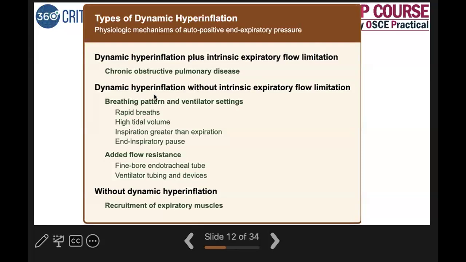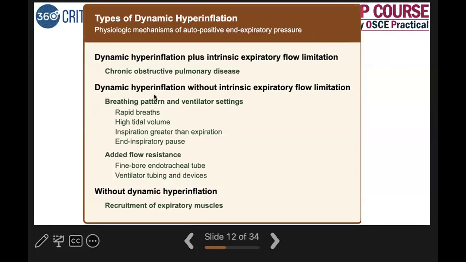And not only that, when the patient is on a smaller endotracheal tube compared to his body weight and sex, and the appropriate size of the endotracheal tube, and if the tubing and devices have a blockage, the HME has a blockage, or there is some issue with the circuit itself, all can cause dynamic hyperinflation without intrinsic expiratory flow limitation.